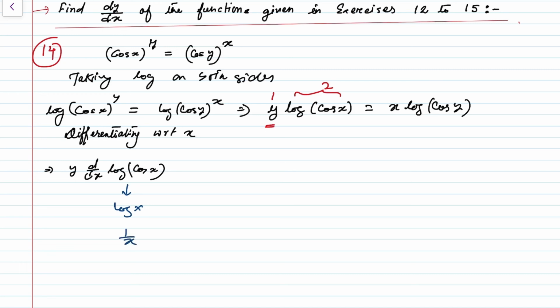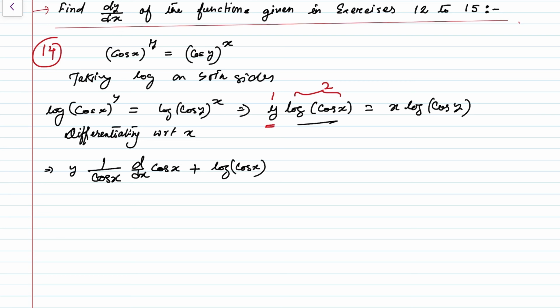So instead of x there is cos x, so it is 1 by cos x. Again you have to differentiate cos x, as it is another function. So here we will get 1 by cos x, derivative of cos x, then plus the second function, that is log of cos x, times the derivative of the first function, y, so we get dy by dx. This is the left hand side.